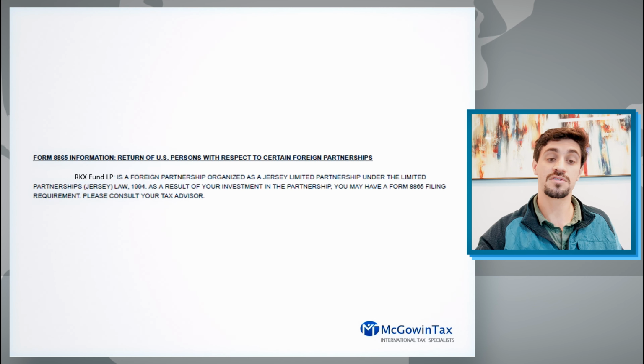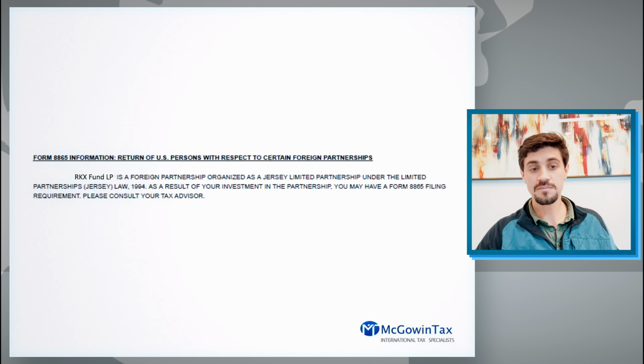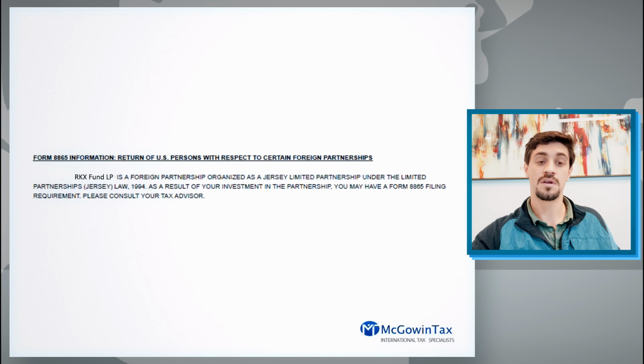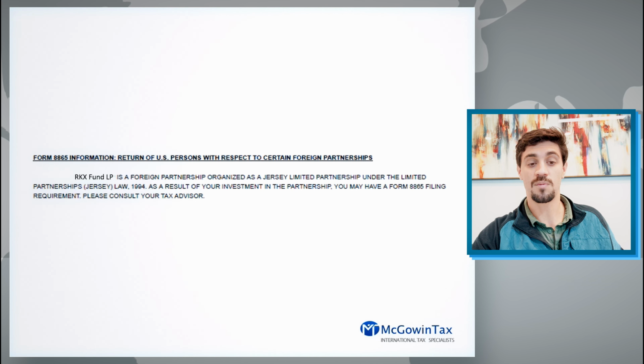A foreign partnership can be required to file a 1065 if it has U.S. income. So in this case, to get the information you need to see whether you meet that 10%, $100,000 rule, you just go back to the K-1.